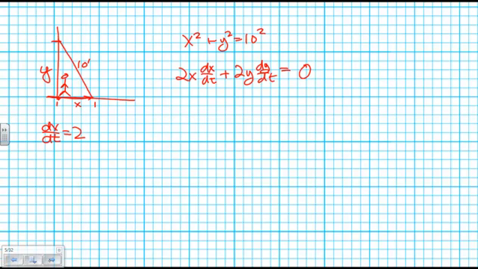By the way, just one more hint on things that commonly cause mistakes. Don't try to plug values into your equation until after the derivative step. If you plug all the values in, you end up with constants on both sides of the equal sign, and you end up with a derivative that's just 0, and it's not very helpful.